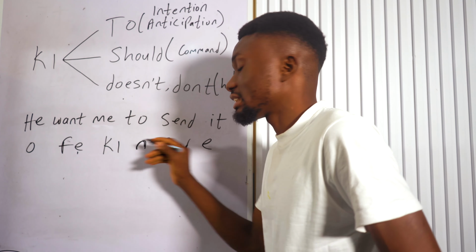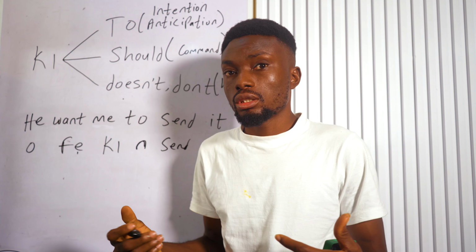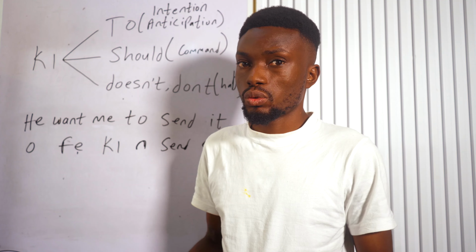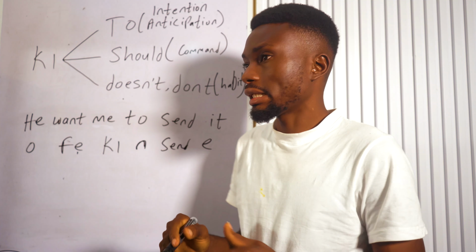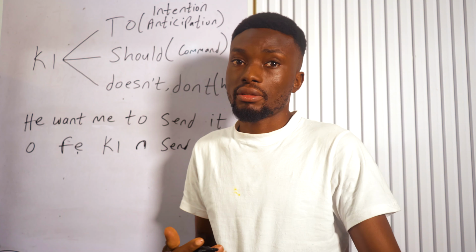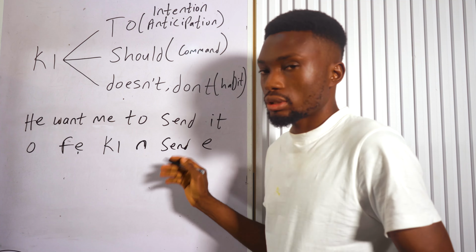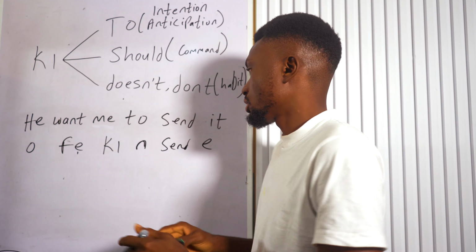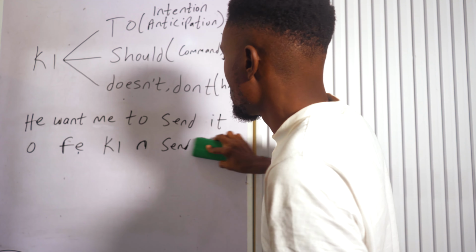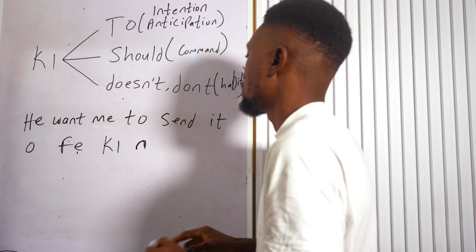Of course, before you become perfect in the Yoruba language, you can code mix. Like you can put a little bit of English in between until you are perfect. So that's why I just put "send" here. Because "send" in Yoruba is fi ránṣẹ́, so ó fẹ́ kí n fi ránṣẹ́.